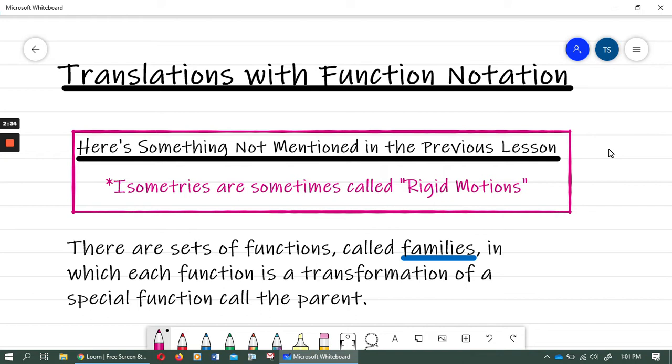All right, so guys, we're going to give you a little bit of basic information here before we start talking about translations, this type of transformation.